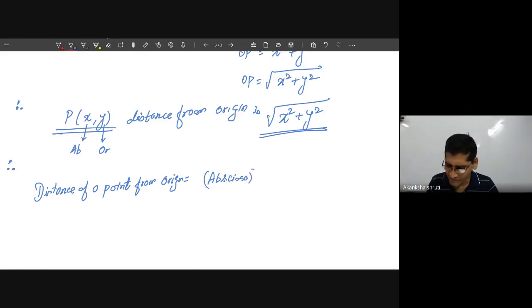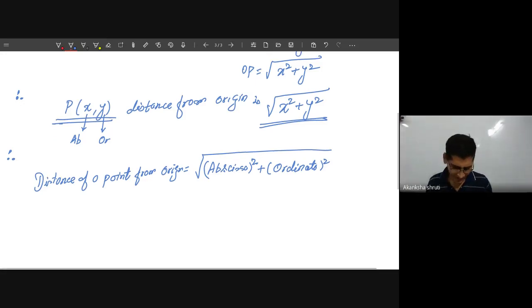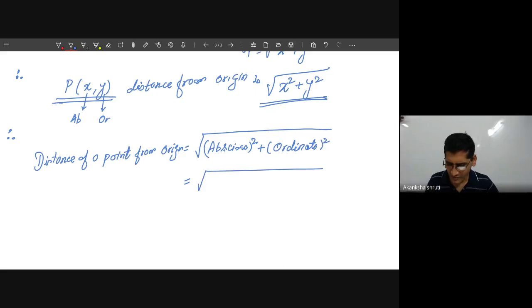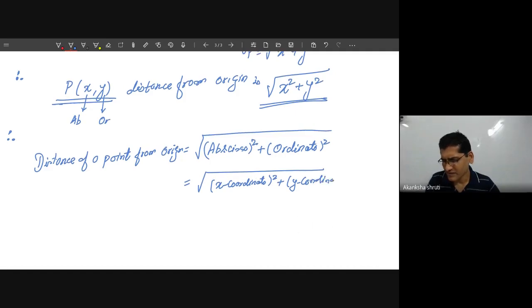You have to add the square of the ordinate of the same point. Afterward, you have to take the square root. Or in common language, this is the square root of x coordinate squared plus y coordinate squared. So you have to just square it to get it.